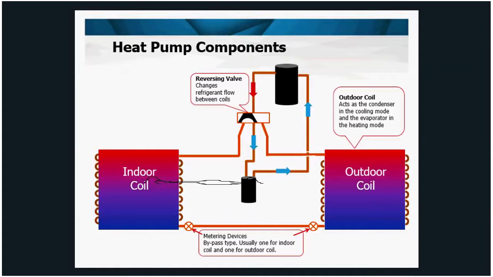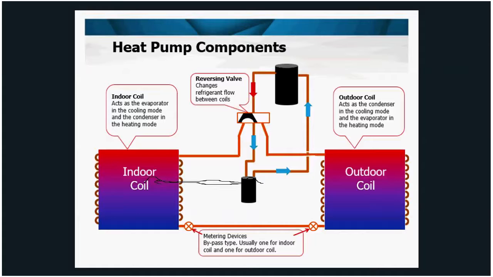Like York might have had one model that did that. For the most part, though, you'll have two metering devices. Also, the indoor coil, again, just like the outdoor coil, it will act as the evaporator in the cooling mode. In the heating mode, it becomes the condenser coil.